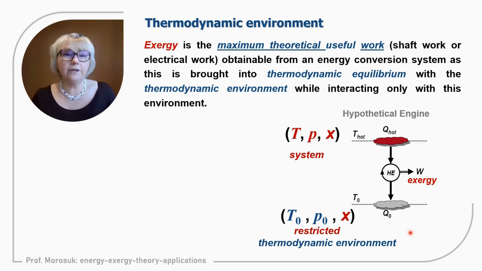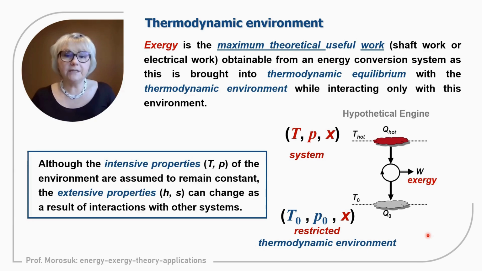Again and again, I repeat, it is not a real environment, it is a thermodynamic concept. Since it is a thermodynamic concept, we can also define the chemical composition. The case when the thermodynamic environment has the same chemical composition as the system, but temperature and pressure are different, is called the restricted thermodynamic environment, or state zero, or restricted reference conditions.